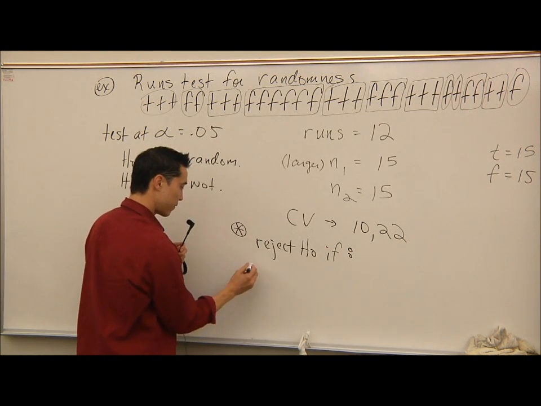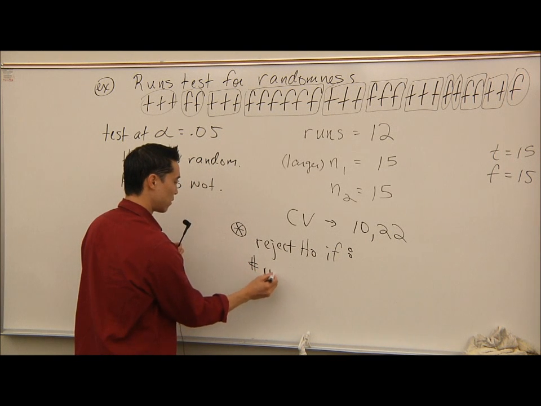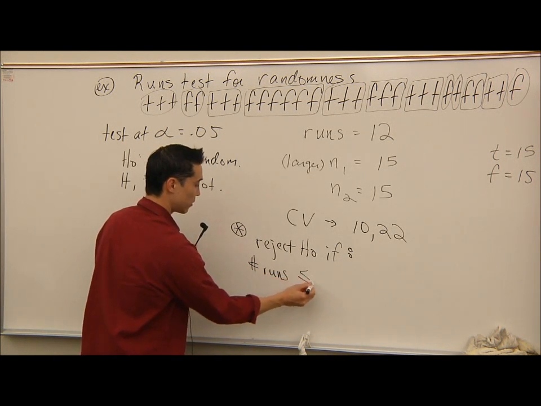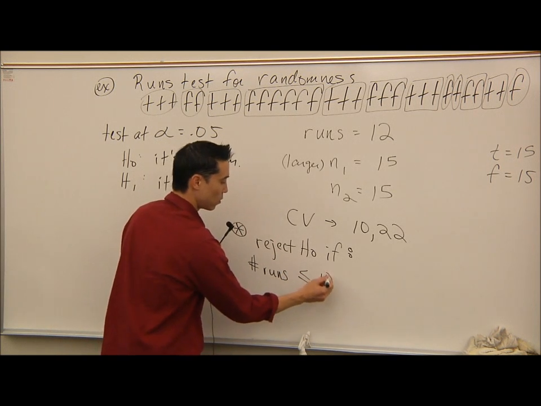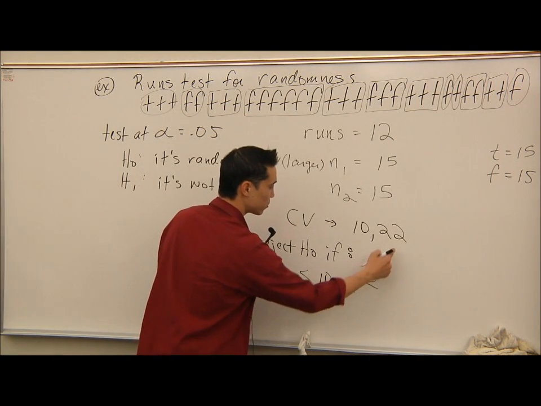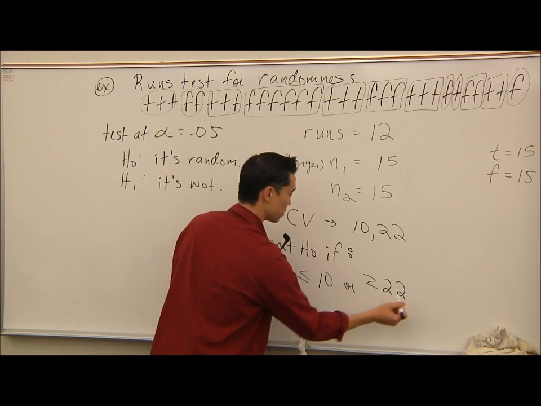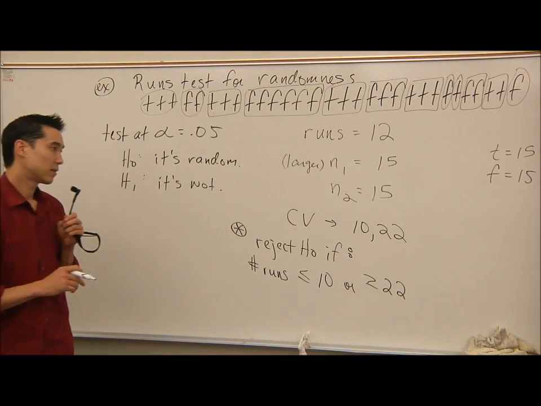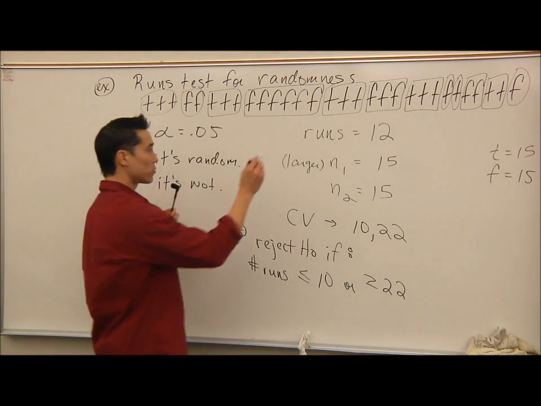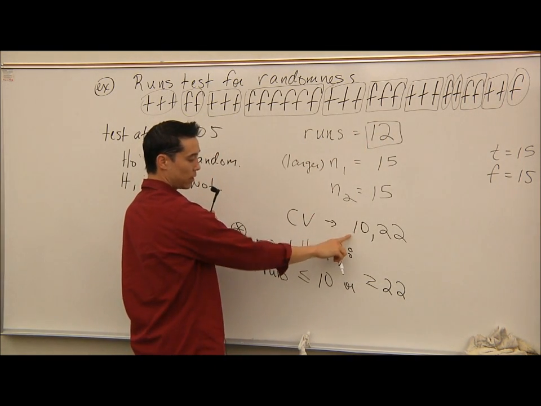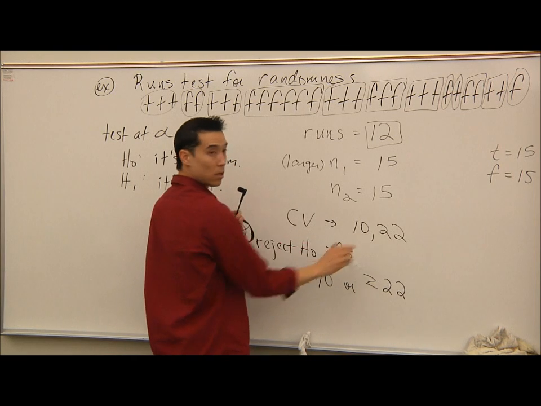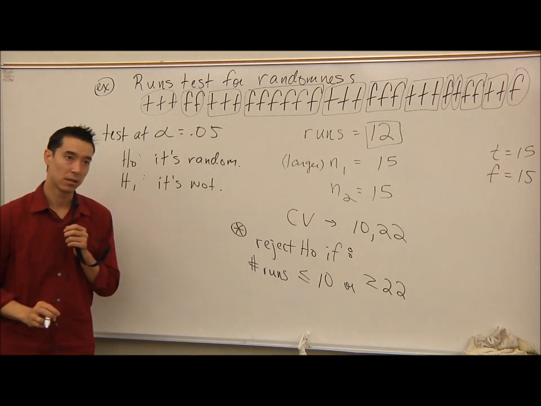So reject H0 if the number of runs is less than or equal to the first number, and I'm just going to put 10 because it's 10 in this problem, or greater than or equal to the second number, and in this problem it's 22. Okay? Our number of runs was 12. 12 is not less than or equal to 10, and it is not greater than or equal to 22. So I'm not going to reject this.